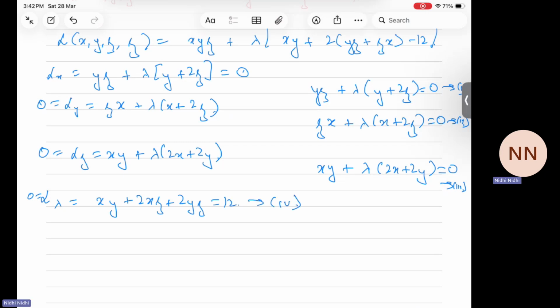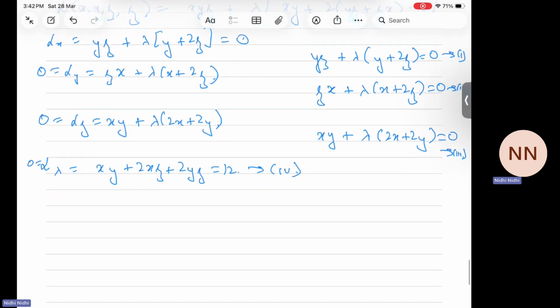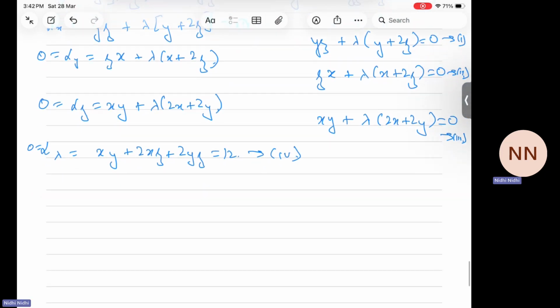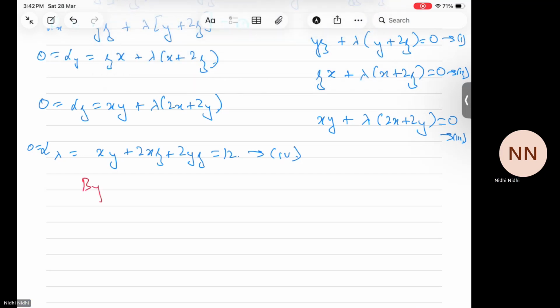So let's solve these 4 equations. So firstly, by first and second, if we solve first and second, we find the value of x and y with respect to z and lambda.